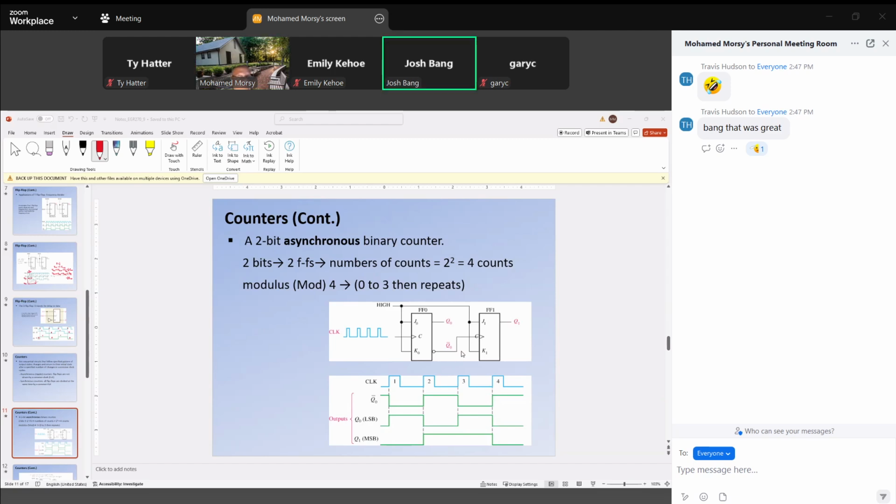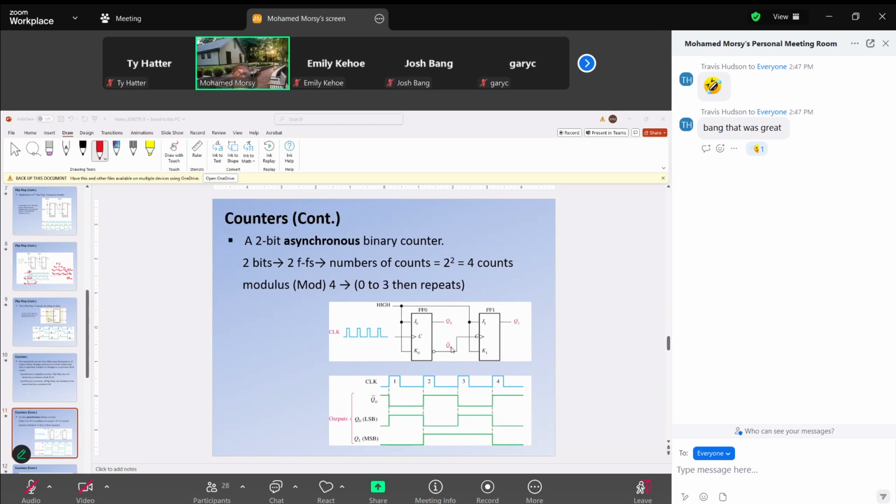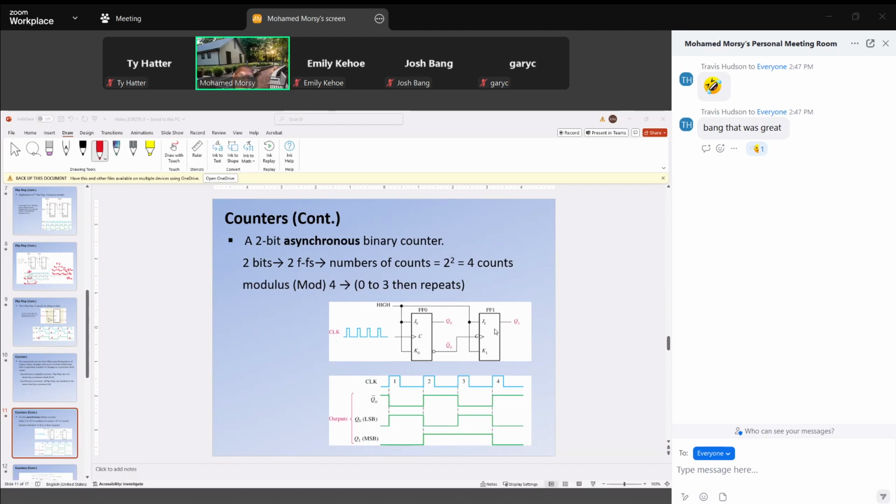It's Q0 inverted. Perfect. So it's not CLK. We have a clock pulse, but it's taken from another source. CLK is applied on the first one only, while the second flip-flop is clocked by Q0 inverted. Different design, different applications, but this case is called asynchronous.